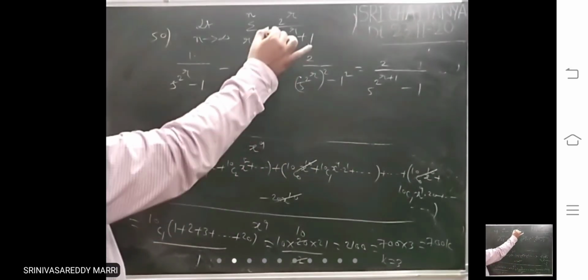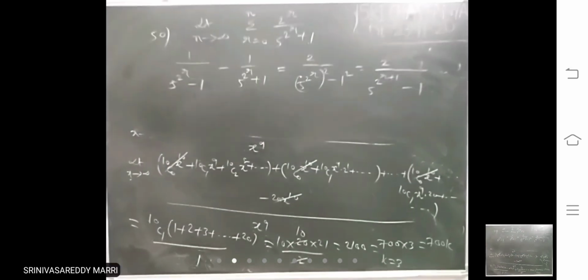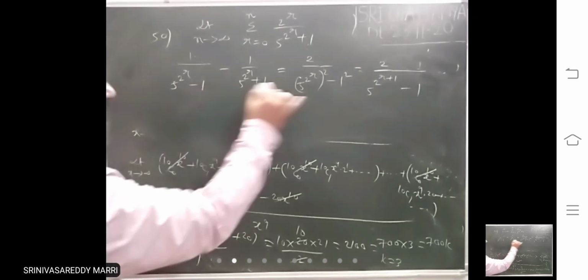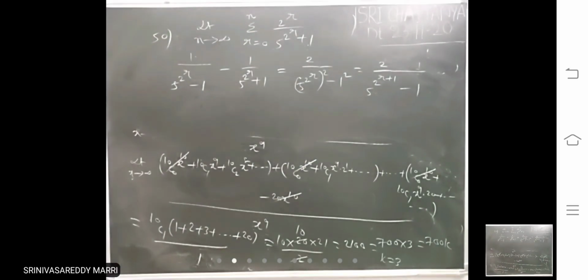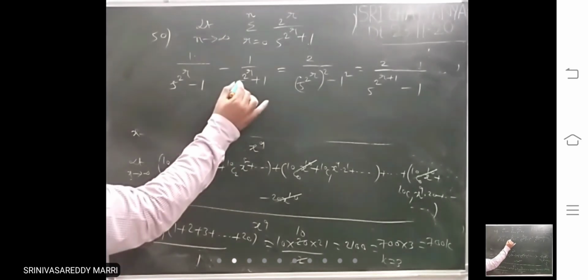Now look at 2 power r divided by 5 power 2 power r plus 1. I am multiplying both sides with 2 power r. Now look at what this value is.